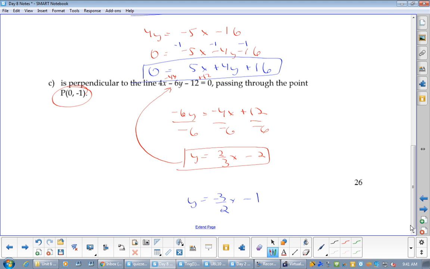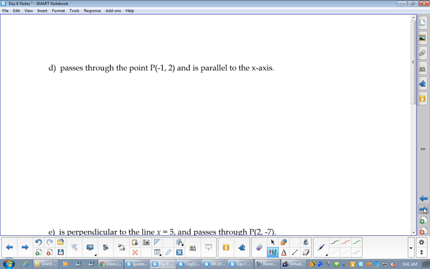Okay. D, very fast question. But I would always recommend drawing a picture for these, because if it is going through negative 1, 2, it'd be about there. Okay, it's negative 1, 2.